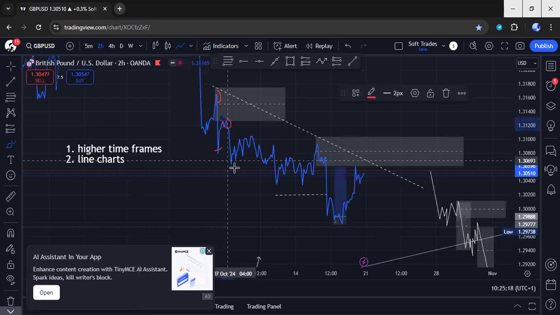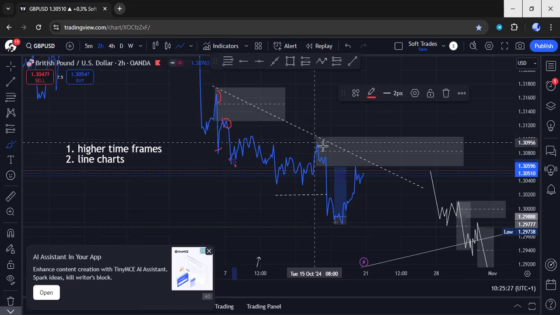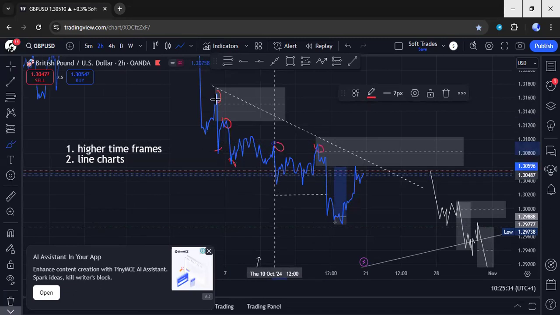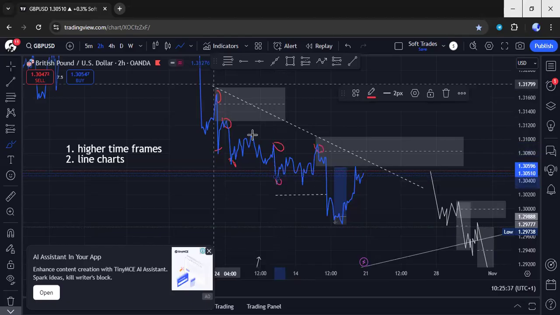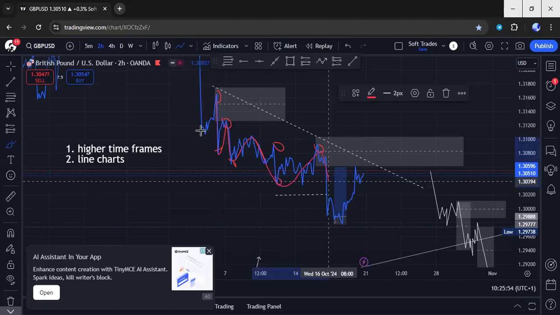Then this over here is a swing. Then these two are swings. This one right here is also a swing. This one right here is also a swing. So you see that it will give you a simple view, then you can just use it in your head. This is what you'll be doing in your head, right? You can eliminate this one, you can eliminate this one, then just use this straight up like this, then use this straight up like this, then use this straight up like this.